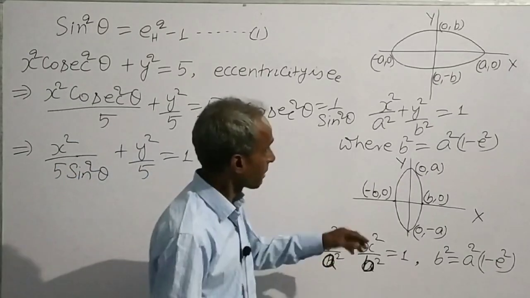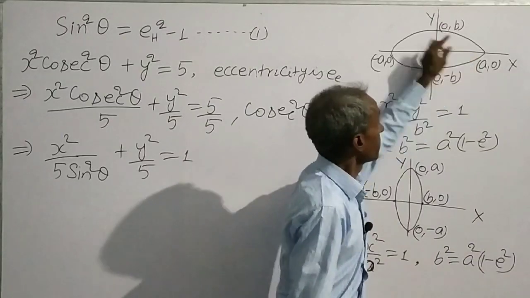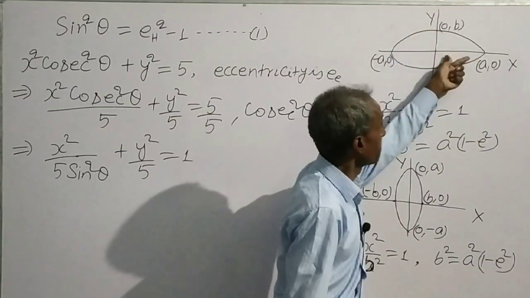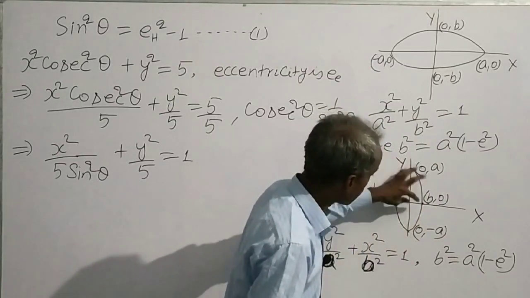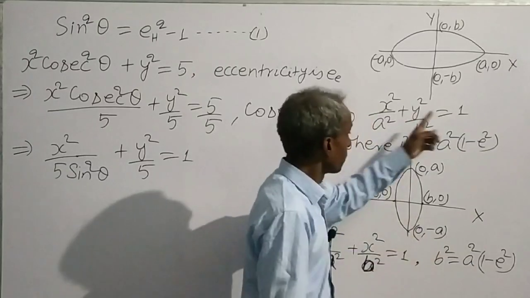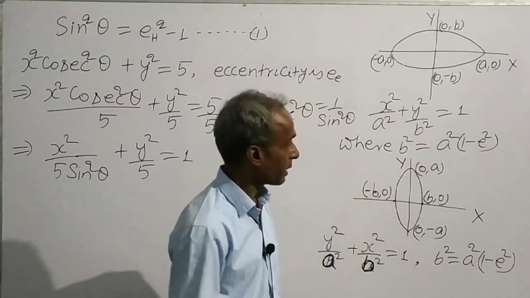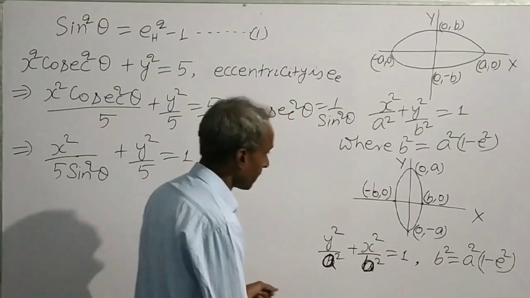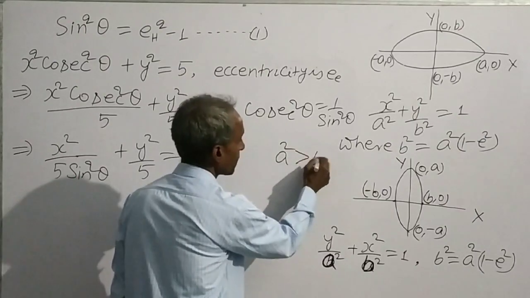And we observe that in both these equations, a is greater than b. If a is greater than b, then a square will be greater than b square.